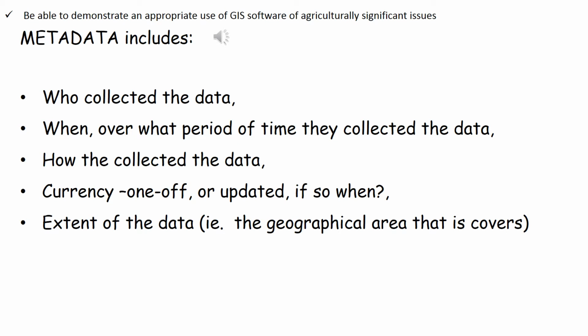Or is the currency more temporal and requires regular updating? There should be information in the metadata about how often the data will be updated and when that may be expected to occur.